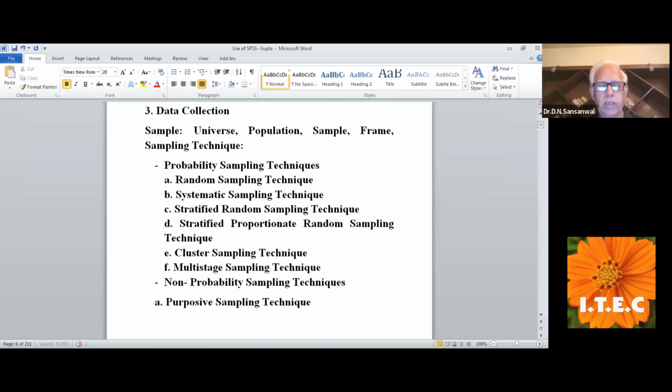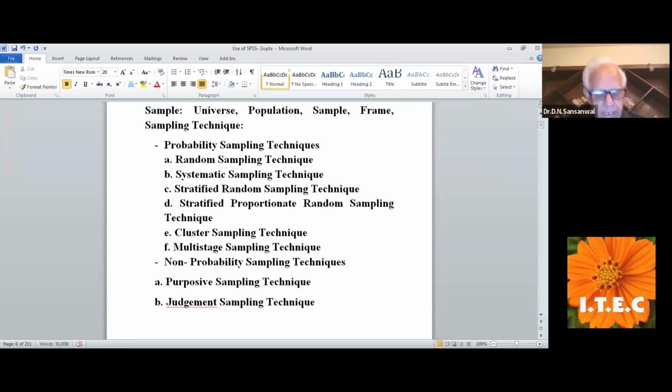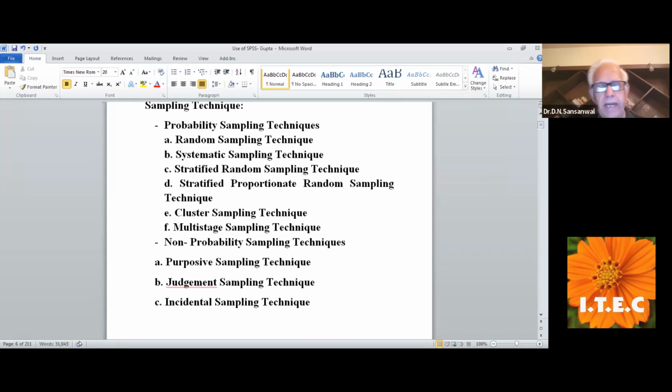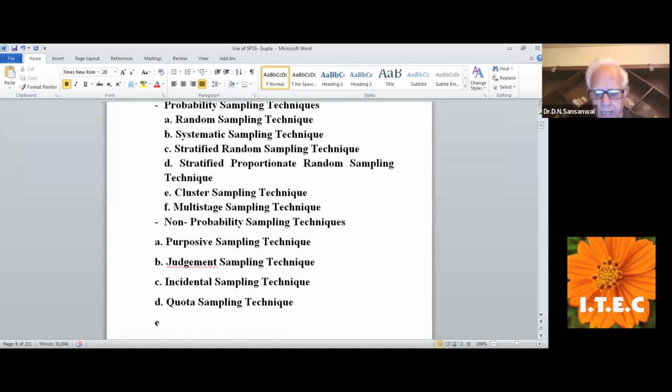Another is called judgment sampling technique. And another is called incidental sampling technique. And another is called quota sampling technique. And another is called snowball sampling technique.